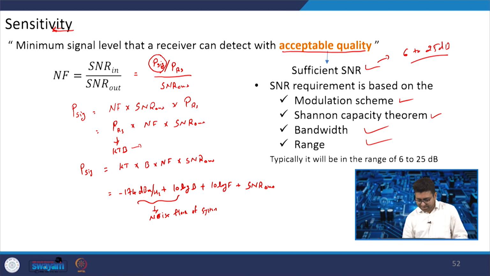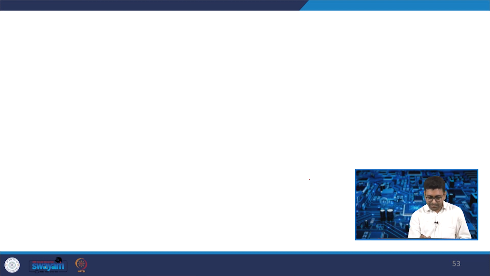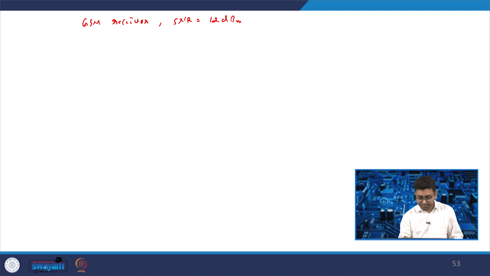Let us say there is a GSM standard. So if there is a GSM receiver, what is the SNR? Let us say SNR requirement is 12 dB.